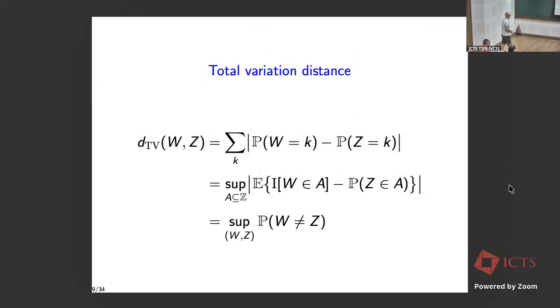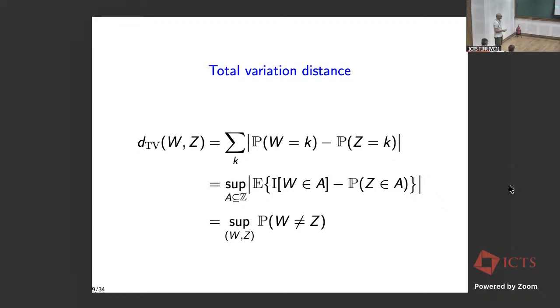So the metric that we usually use when we do approximation with integer random variables is what's called the total variation distance, defined as just the sum of the point-wise differences over all point probabilities. You can also write it down as a supremum over the expectations of all indicator functions of any subset of the integer lattice.